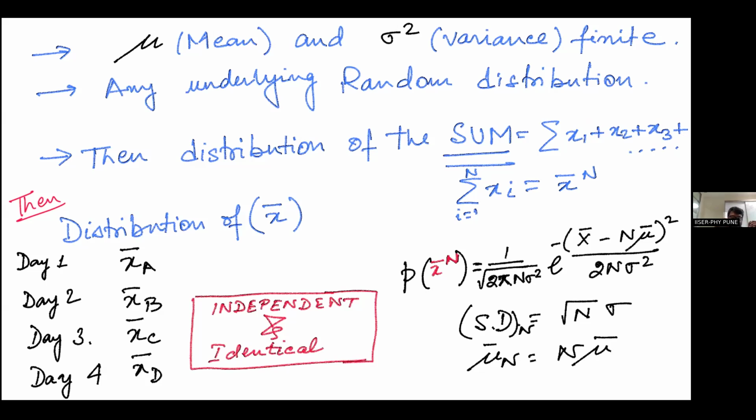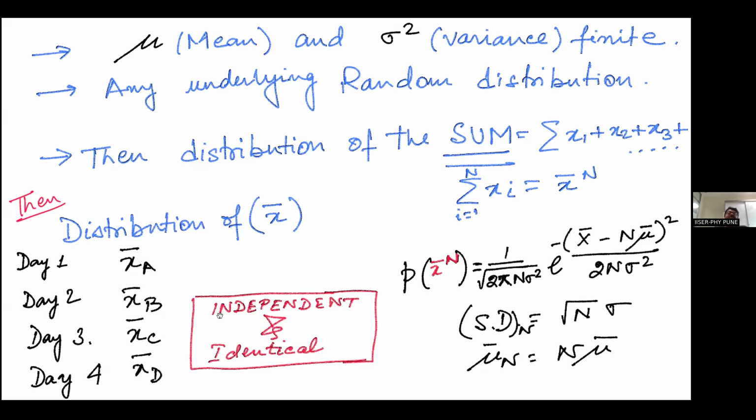But there we were talking of random walks. Here we are talking, suppose there's any random number distribution and you generate n different numbers, calculate a sum. Day 2, you generate another series of random numbers, calculate a sum. Day 3, generate another n random numbers, calculate a sum.